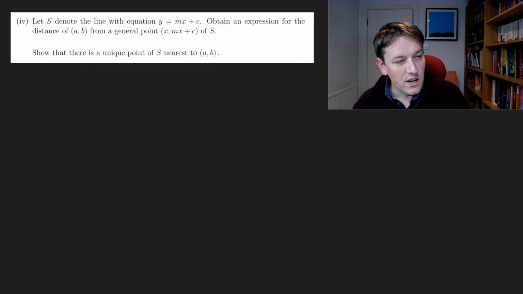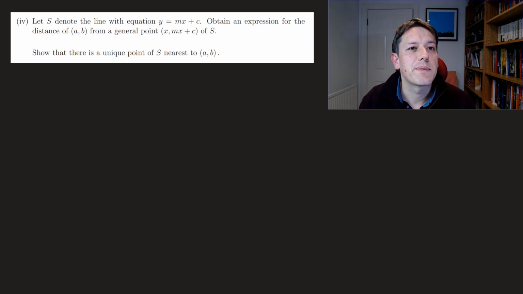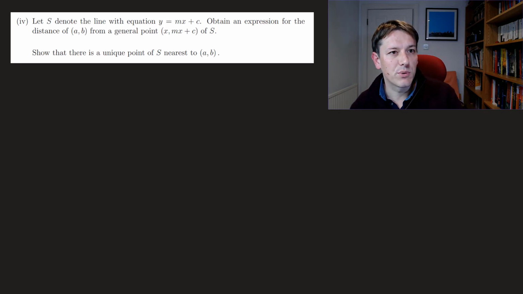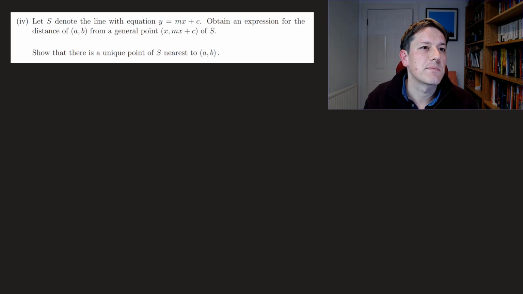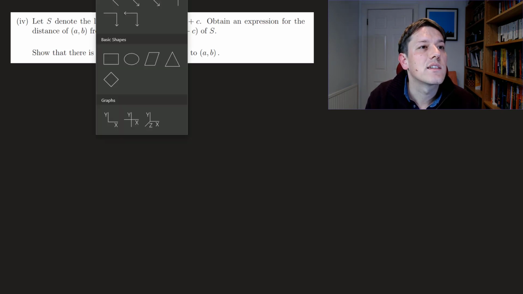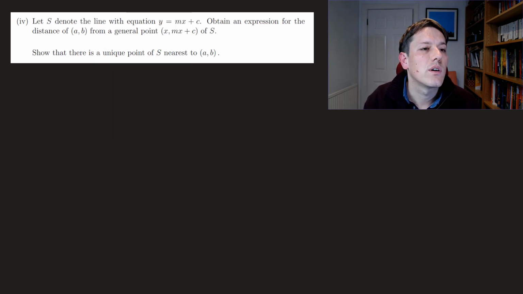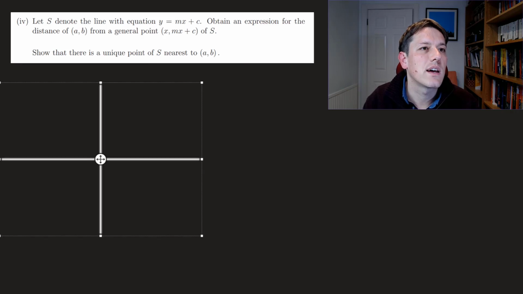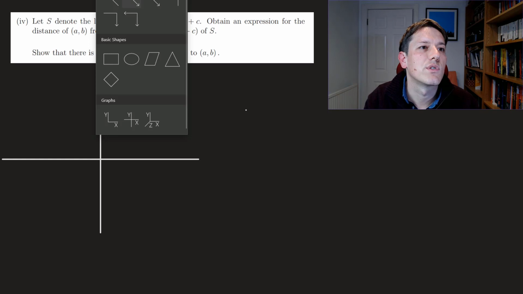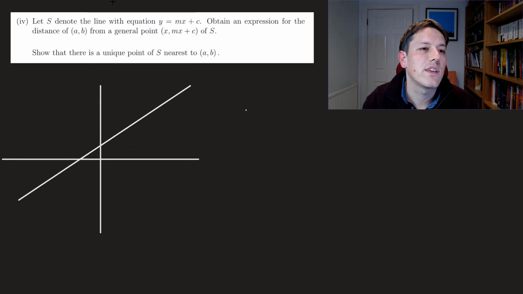Right, so part 4, it says let S denote the line with equation y equals mx plus c, obtain an expression for the distance of AB from a general point x, mx plus c of S. So let's just have some axes here, and we'll put a general line on here.